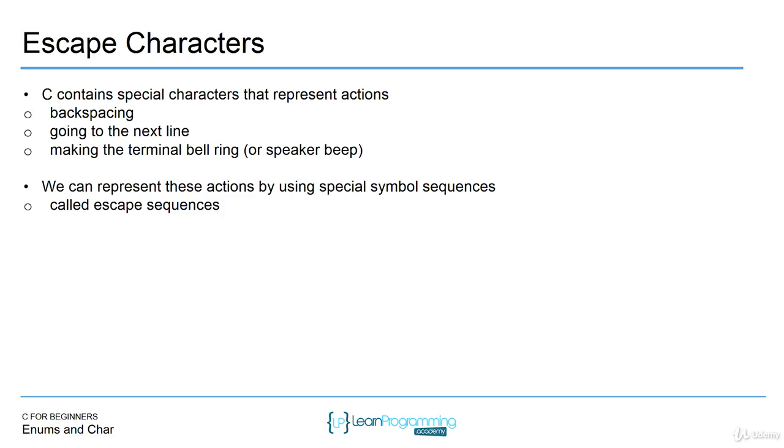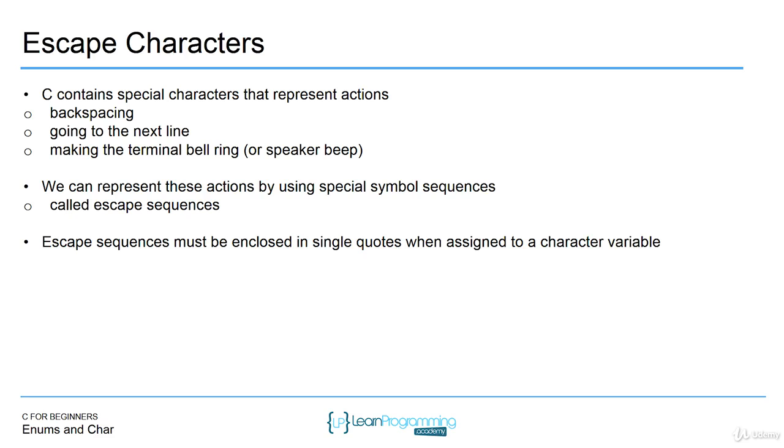And you can represent these actions by using basically an awkward symbol, like a character inside single quotes. I'm going to give you some examples. These are also called escape sequences. These are special characters that represent actions. So escape sequences are also enclosed in single quotes when they're assigned to a character variable. You often see these escape sequences inside of strings as well to represent an action.